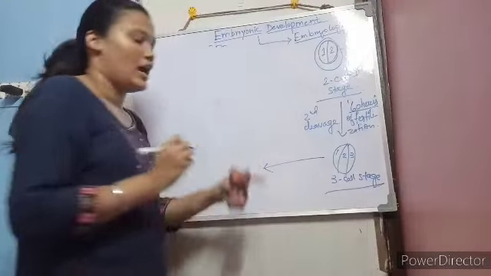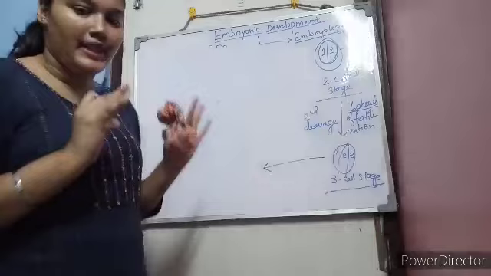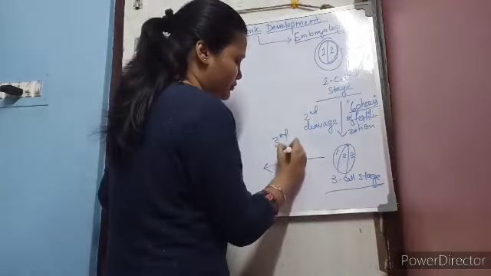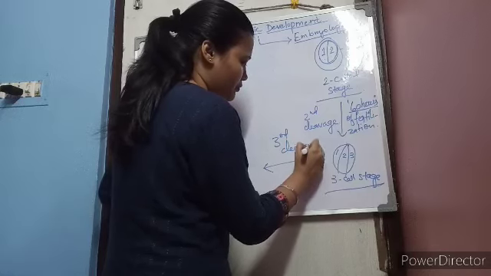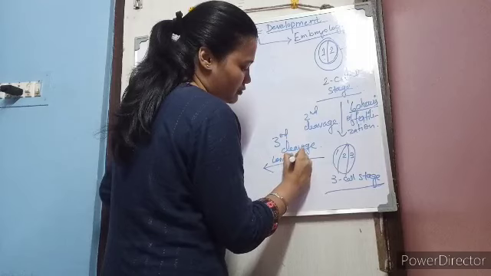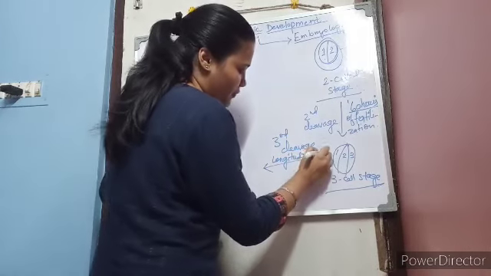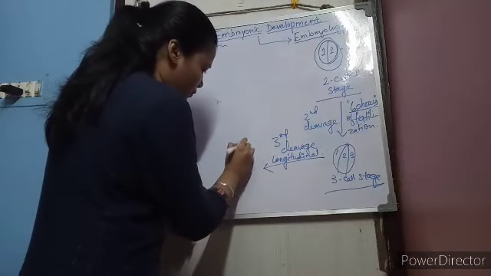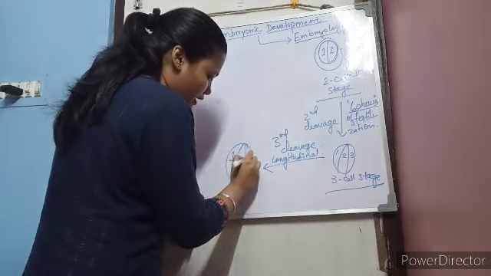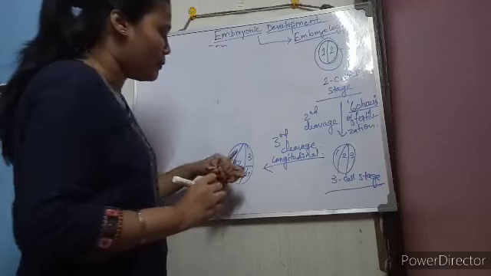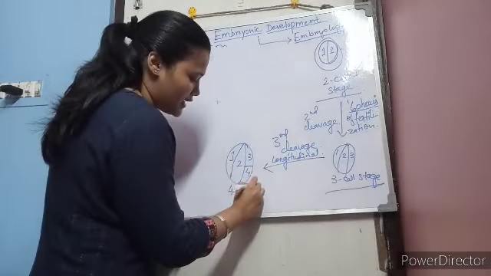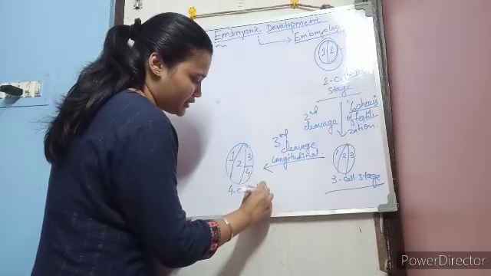After the 3-cell stage, there will be a third cleavage. The third cleavage is longitudinal in nature. That is 1, 2, 3 and 4. Now it will become a 4-cell stage.